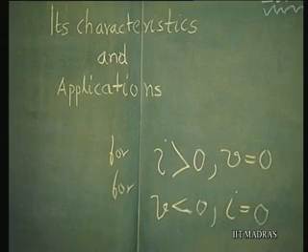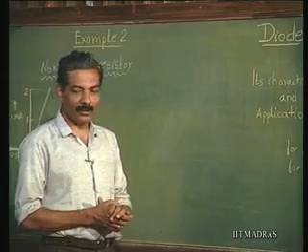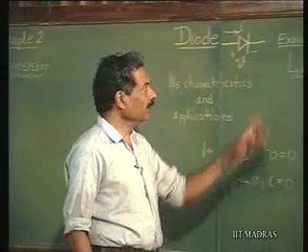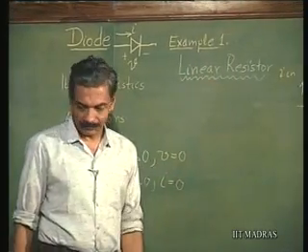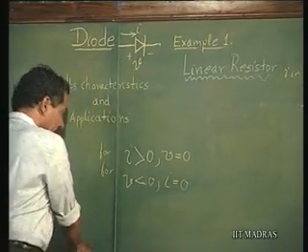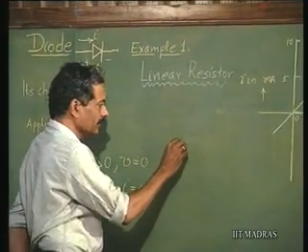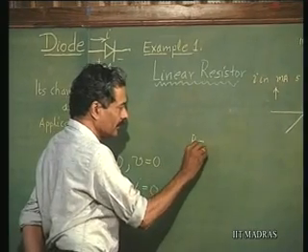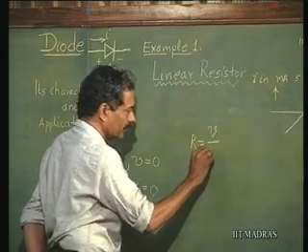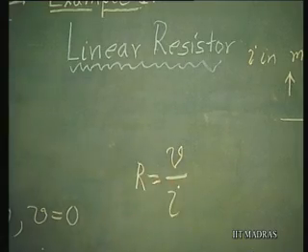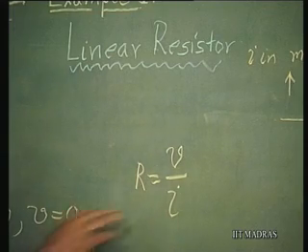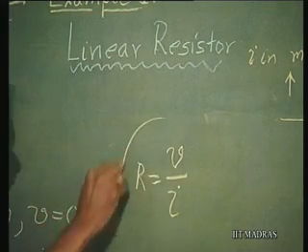Before going to that, we also saw what is called the characteristic of the linear resistor. What is a resistor? We know that a resistance R is the ratio of the voltage across it divided by the current. So, this is a linear resistance, this is called Ohm's law.